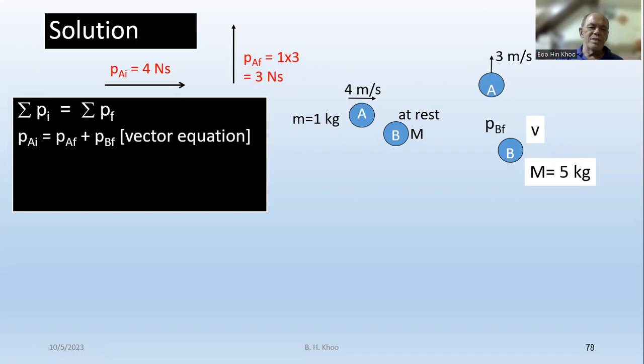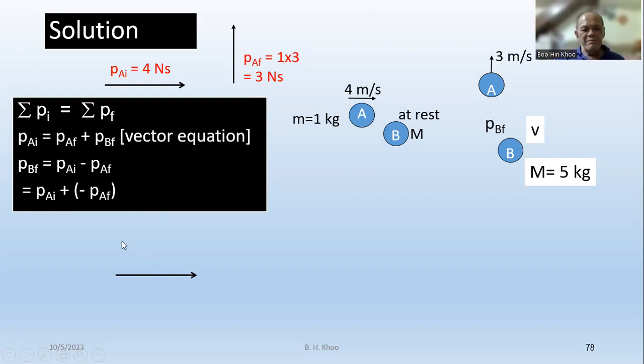Then using conservation of momentum, write our vector equation. The initial momentum of B is 0, so we don't have to worry about that. Then there is a final momentum. Here we don't know, we just represent it as BF. Then we write our equation, take that across: BAI minus BF. So a minus vector means plus the negative of that.